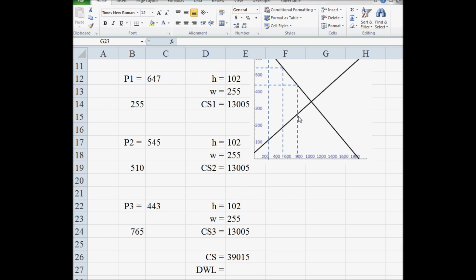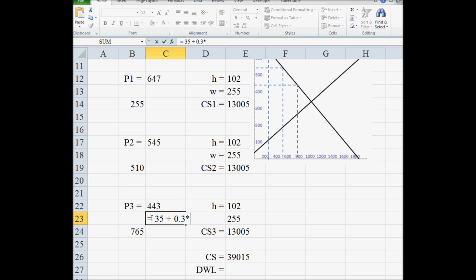Deadweight loss is this triangle here. The height of this triangle is the last price, 443, minus whatever this price is. How do we get this value? We plug that final quantity, 765, into the supply curve.